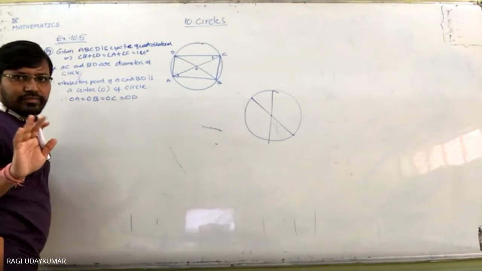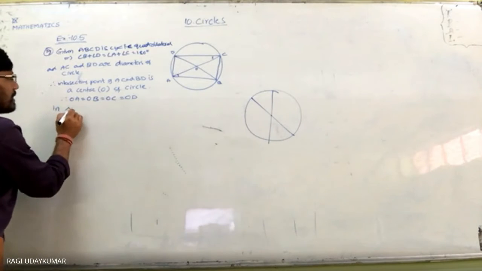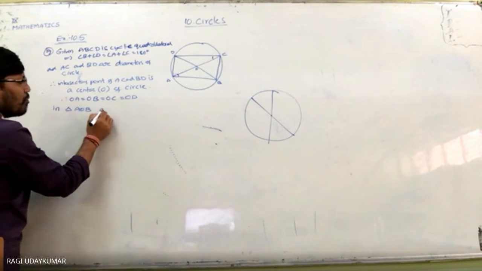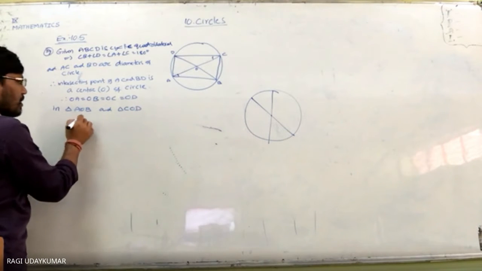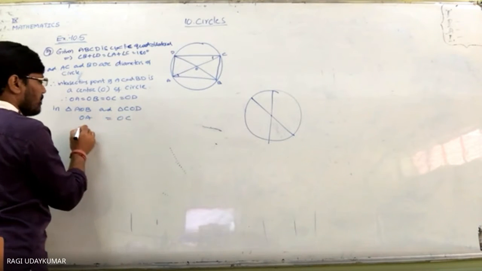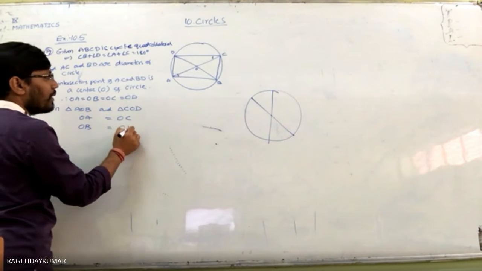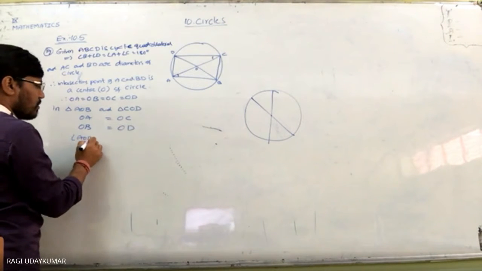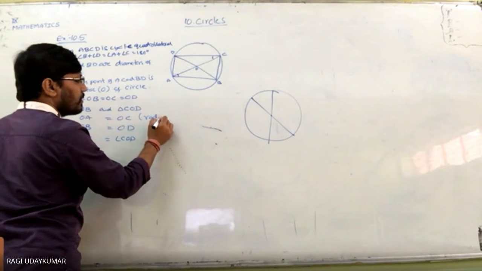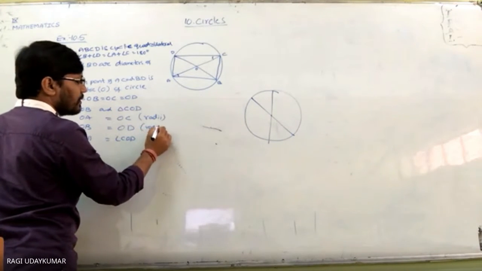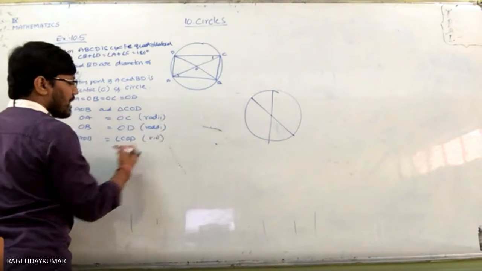All are equal. Now I am taking triangles, triangle AOB and triangle COD. In this, OA is equals to OC, OB is equals to OD, angle AOB is equals to angle COD. These are vertically opposite angles.